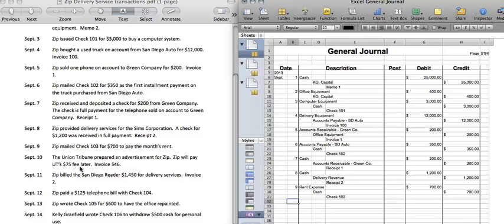Zip will pay the $75 fee later. So we're going to debit advertising expense, $75, and we're going to pay them later, so it's going to be accounts payable, Union Tribune. Source document, invoice 546.